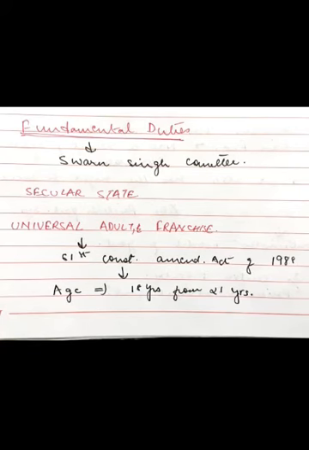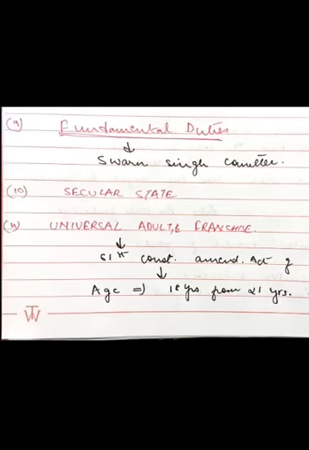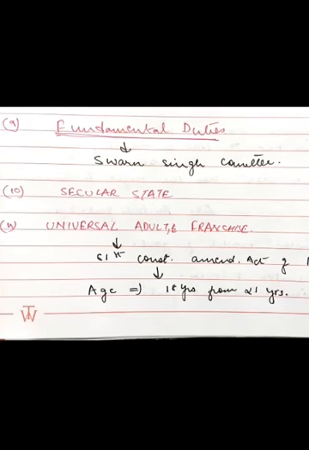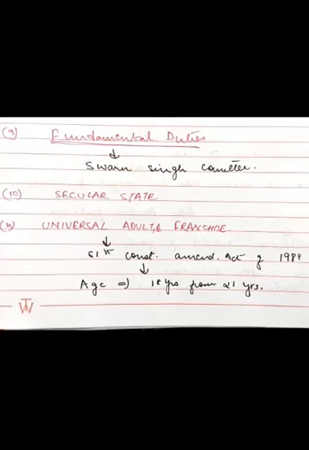The constitution makers' decision was a bold experiment and highly remarkable in view of the size of the country. The universal adult franchise makes democracy broad-based and enhances the self-respect and prestige of the common people. So this was the basic universal adult franchise.